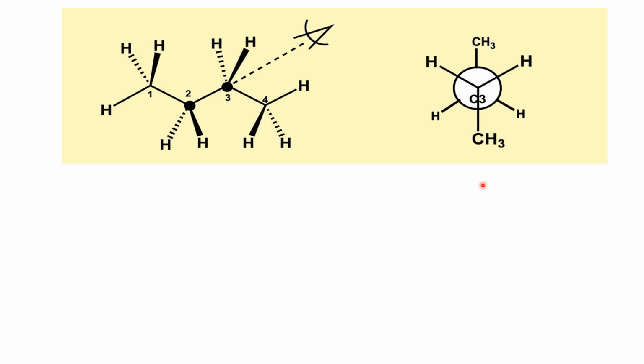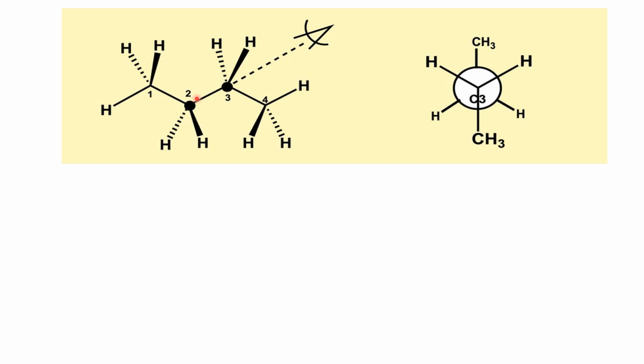See here, this is the butane molecule and we are observing the butane molecule through the C2, C3 single bond. That means the C2, C3 carbon-carbon single bond.